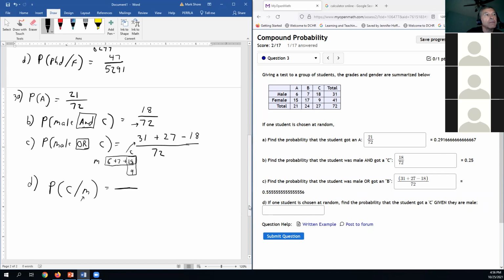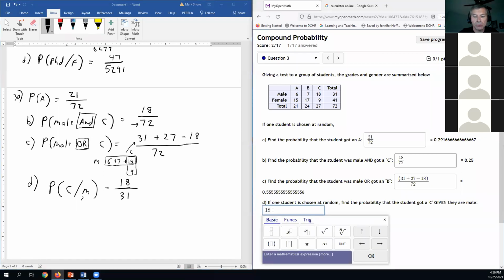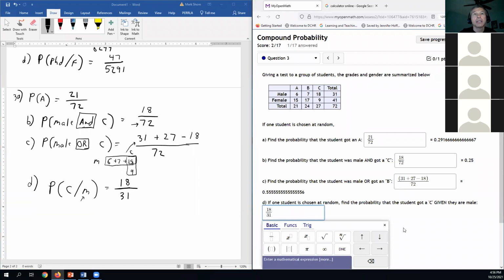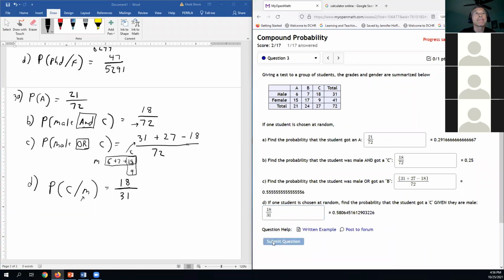It's out of the males. How many males do we have? 31. See, that's the given that makes the denominator change. Given that the student is male, how many of them got a C? 18. So it'd be 18 out of 31 right there. Okay. So we'll type that in.